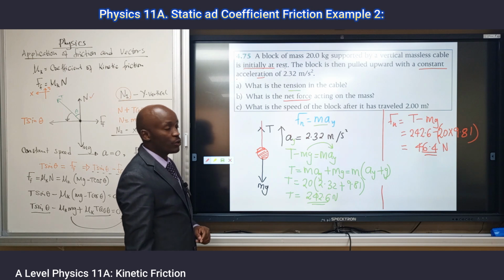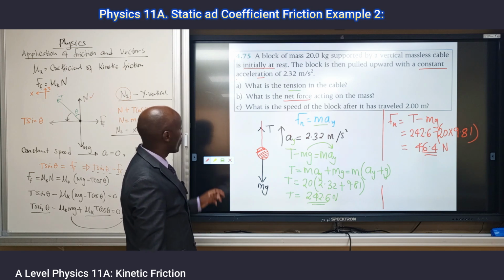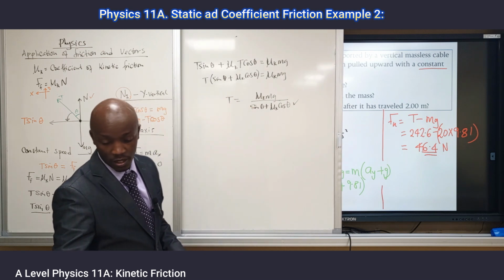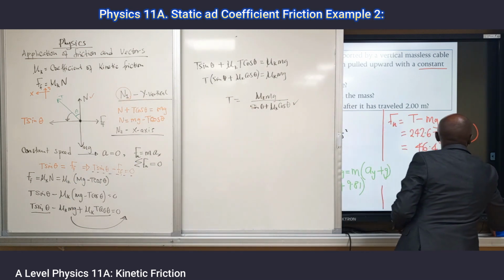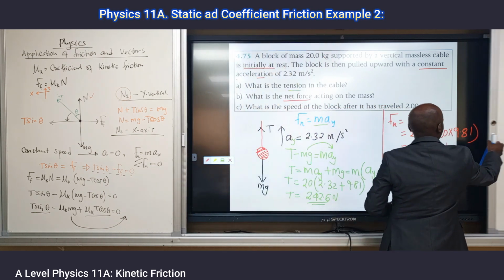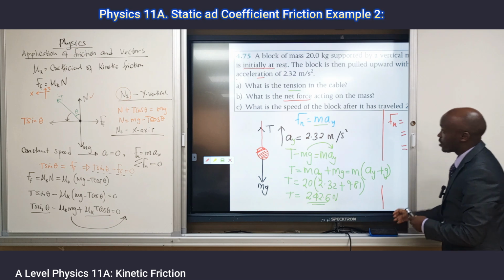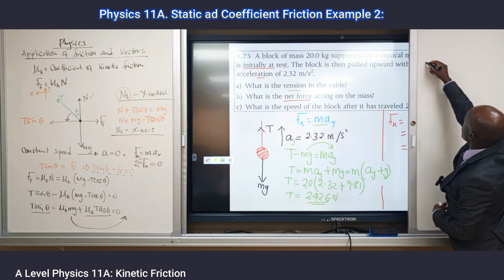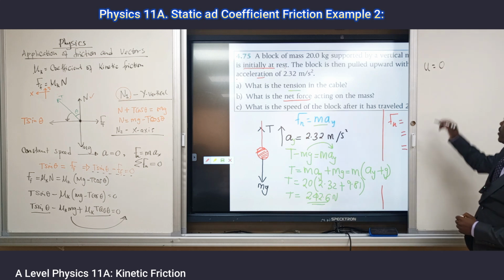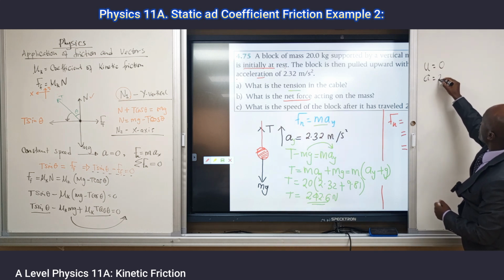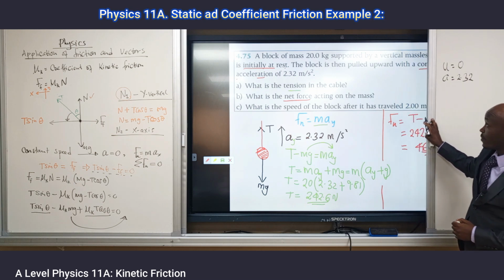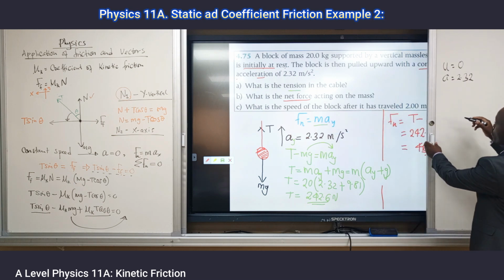And the final part of the question says, what is the speed of the block after it has traveled 2.00 meters? So that one, you can simply write it as follows. Initially the initial velocity was zero, and the acceleration was given as 2.32. And then what else do we have? What's the speed of the block after it has traveled 2 meters?